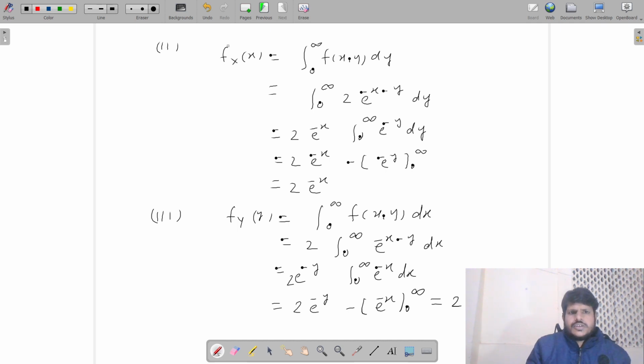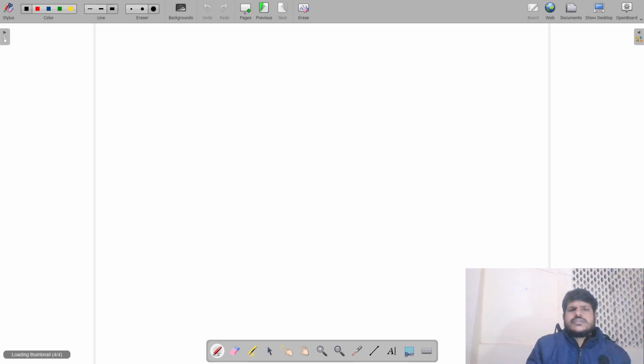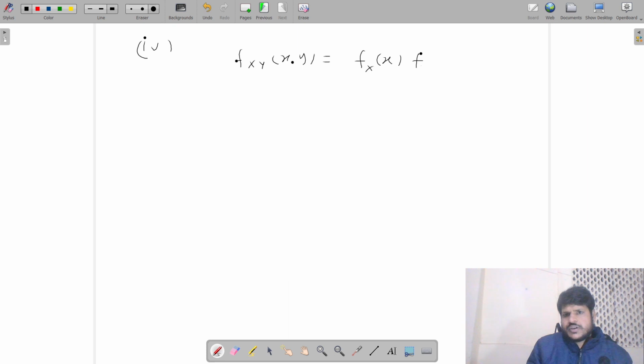Now next slide, that is the fourth part, whether they are independent or not, you have to check. So independence means you have to write f of x comma y equal to the product of marginals, means the joint probability distribution can be written as the product of their marginal ones.